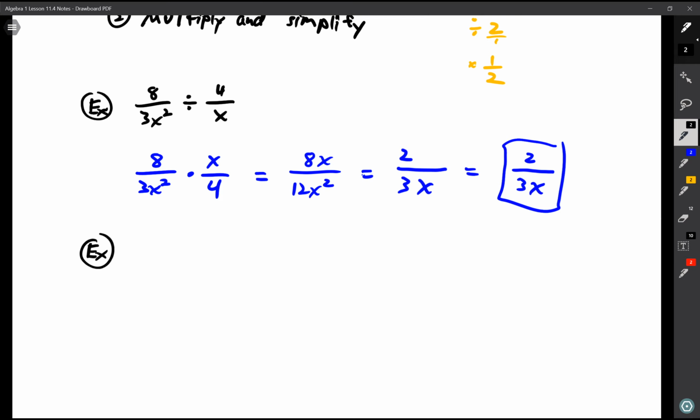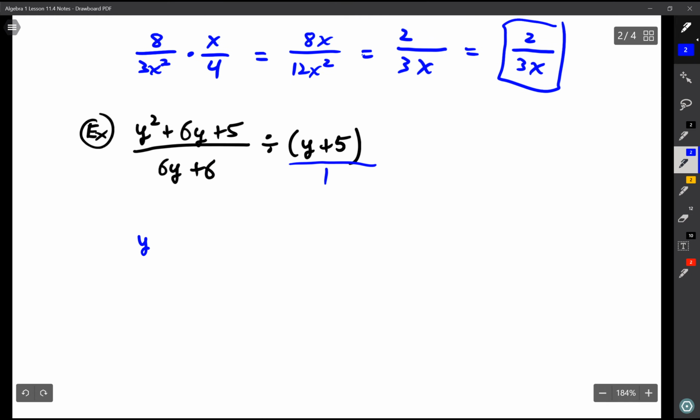So when we invert this, the first one stays as it was, y squared plus 6y plus 5 over 6y plus 6, now times 1 over y plus 5. That's the invert and multiply. My y plus 5 became 1 over y plus 5, and my divided by became times.